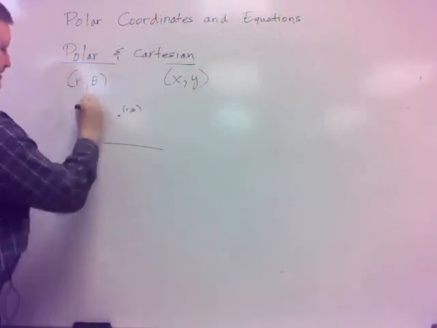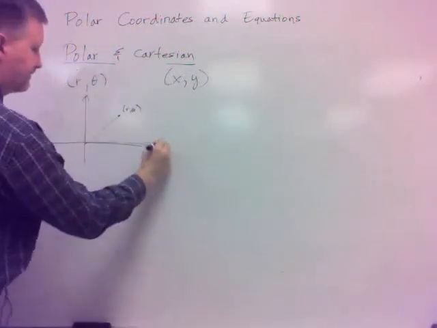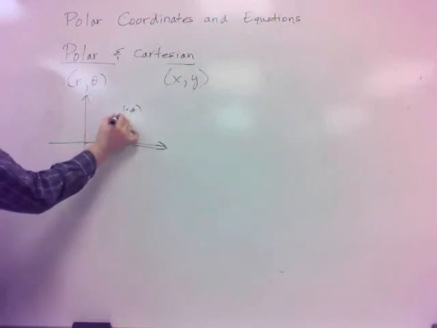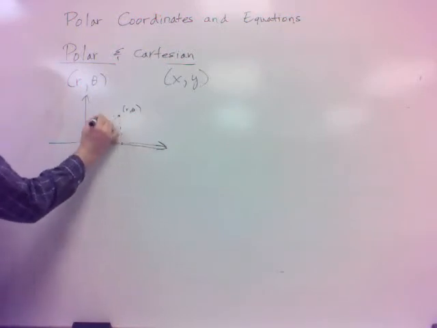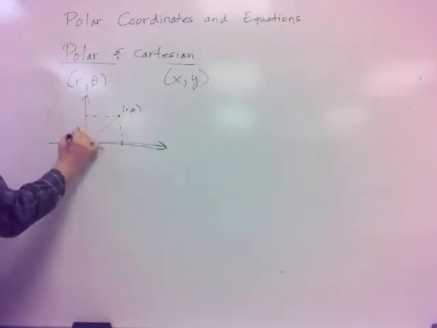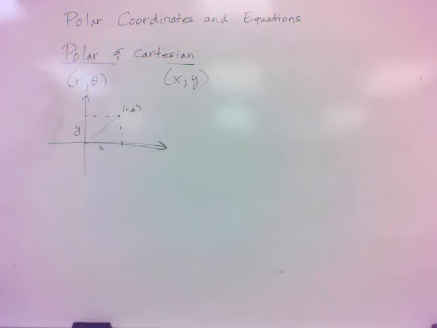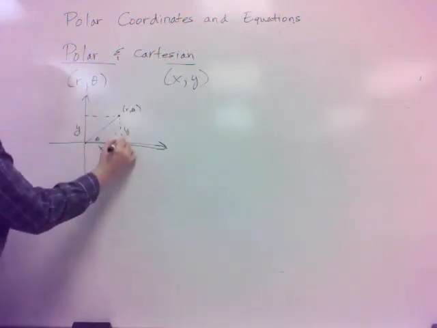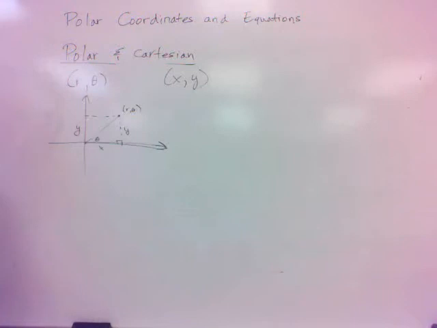Well, let's put in our Cartesian coordinates here. And if I do that, then this is my x, this is my y. So how are those two related? Well, of course they're related. This is theta angle. Wouldn't this be y? There's a right triangle there.